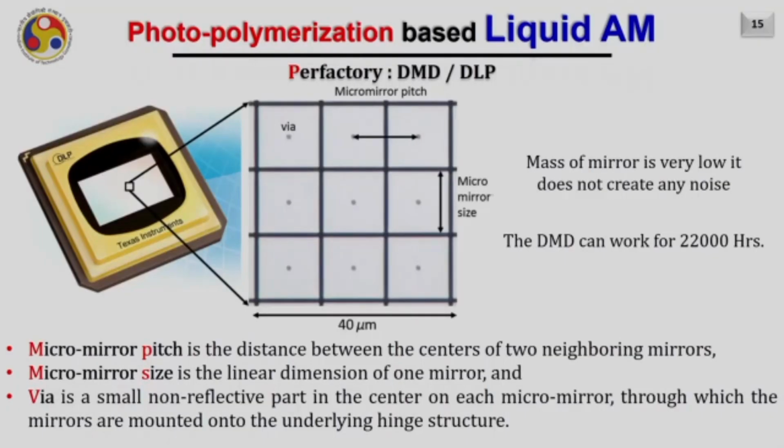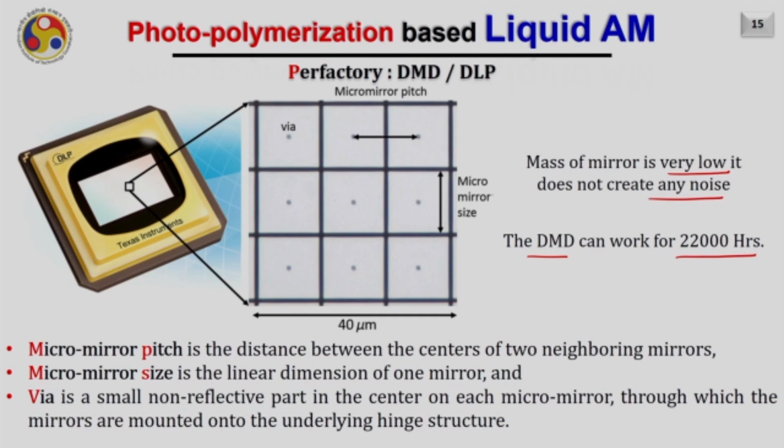So an array of input can be given like 1010, and wherever it is 1, the mirror gets activated, and wherever it is 0, the mirror gets deactivated. The mass of the mirror is also very low, and as it is very low, the motion of the mirror doesn't create any noise. A typical DMD system can work for 22,000 hours.